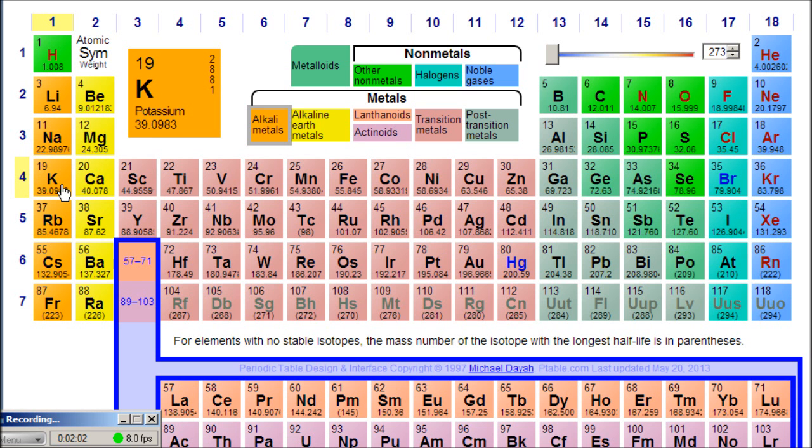Is one of those potassium electrons, one of the electrons that's in the outermost filled or occupied orbital of potassium, is that outer electron going to be more attracted to the nucleus of potassium than an electron in one of the outermost orbitals of krypton is attracted to its nucleus that has 36 protons in it?